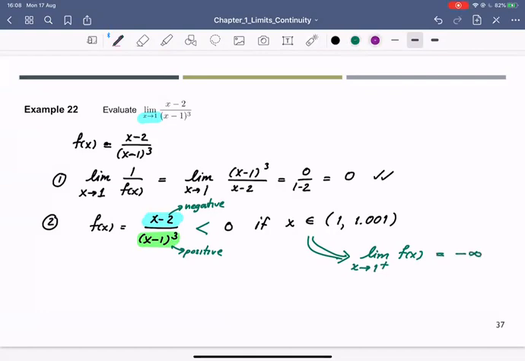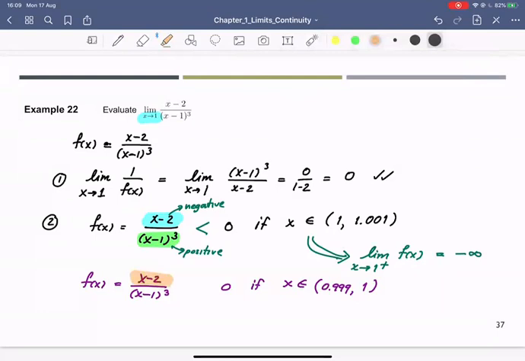Another line: I have f(x) equal to (x minus 2) over (x minus 1) cubed. This time I'm going to take x going to 1 from the left, say 0.999. On the top, x minus 2 is something below 1, so negative.